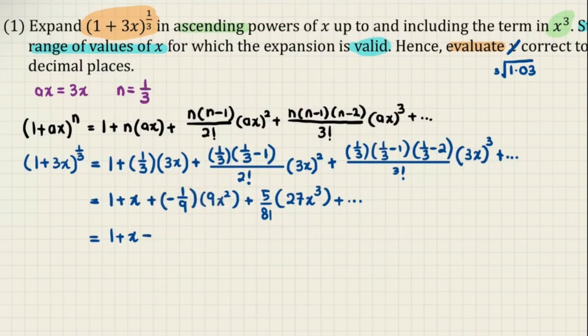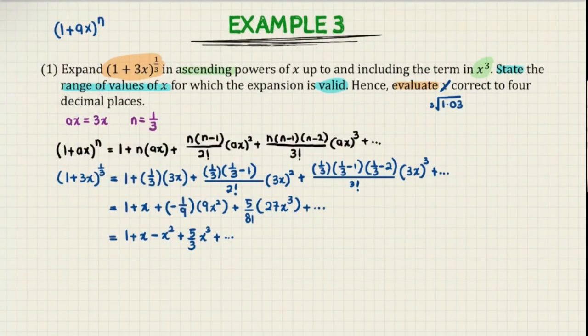So dapatlah negative x squared. Okay. Kemudian 5/81 darabkan dengan 27. Saya dapat 5/3. So plus 5 over 3 x cube plus dot dot dot. So this will be the expansion.